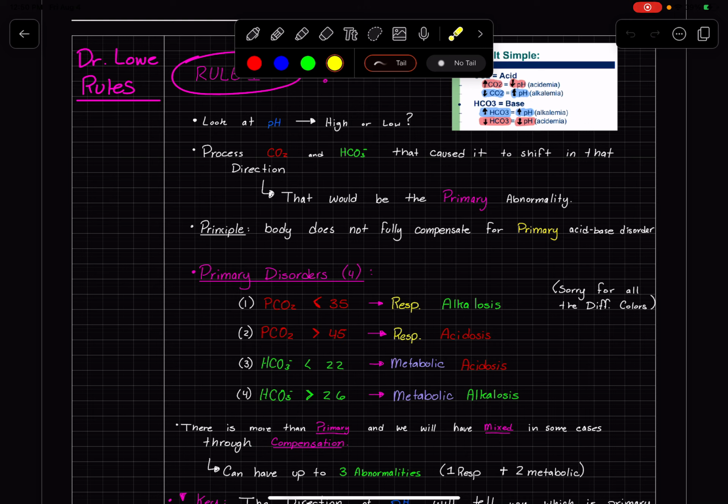We start becoming acidic in our body. When our body realizes that's happening, it's going to want to compensate by making us more basic, so putting more alkalosis in our bloodstream. Well, that will eventually happen, but when we're looking at the condition, it won't be fully compensated.